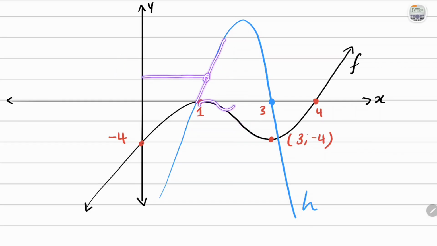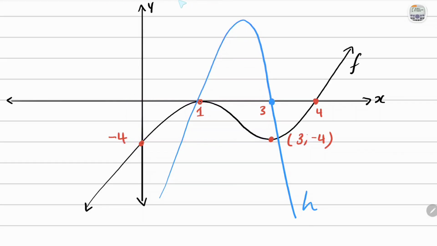So we're going to say h minus f to find that vertical distance. And you can see that it's greater all through from 1 to 3. It still has a greater y value all through. That's a greater y value than whatever y value is here. This has a y value of 0. This one has a y value of negative 4.